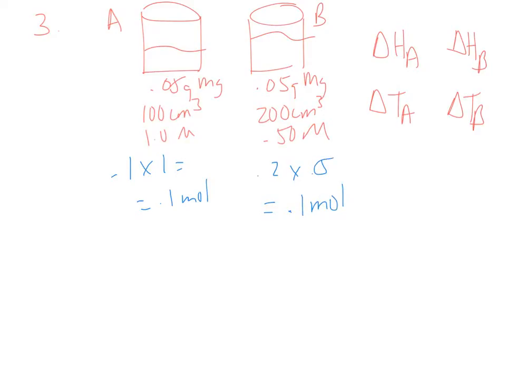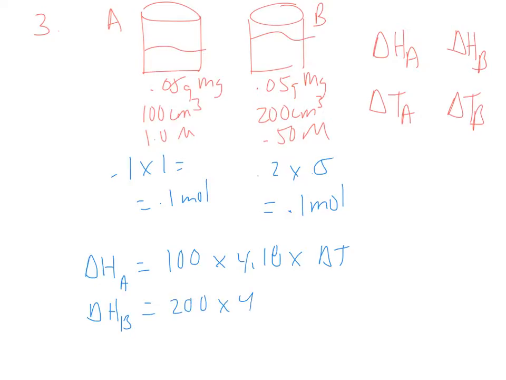So what's tricky about this is that if I plug it into mcΔT, the delta H is going to come out being the same. But what you need to realize is when I do delta H for A, I've got 100 grams times the 4.18 times whatever my temperature change is. And with beaker B, now I've got 200 times 4.18 times delta T.